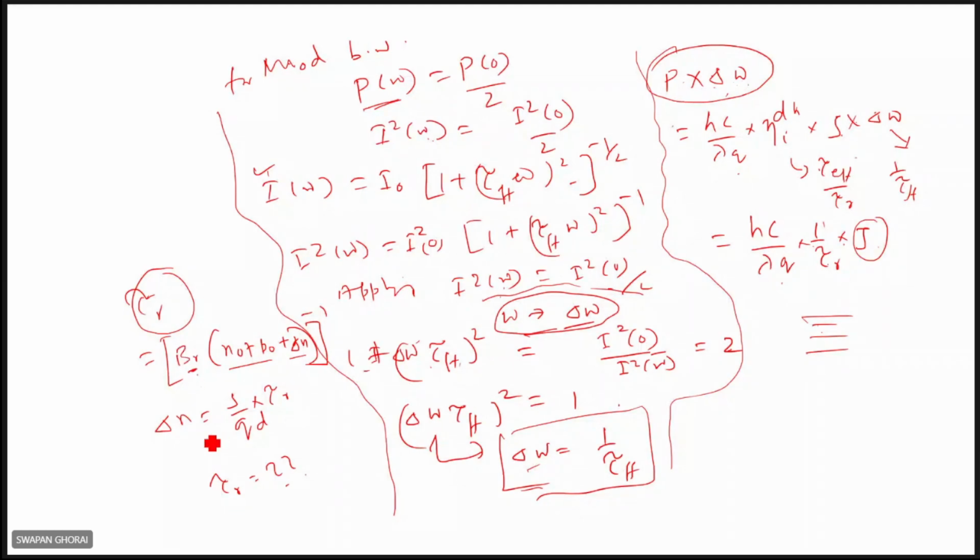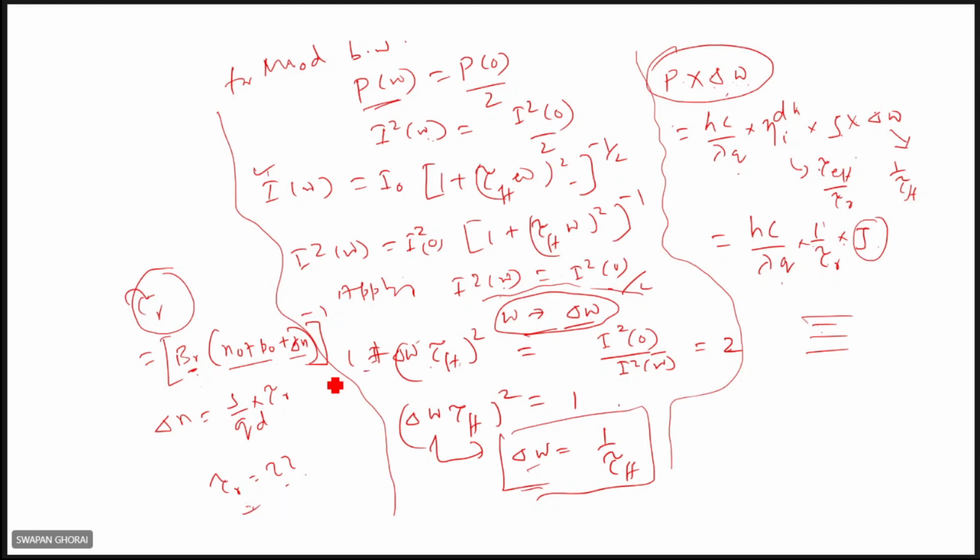Right, so we know delta n is J by QD into tau r. So with these equations, you can now calculate this tau r, the relative recombination lifetime, can be determined.